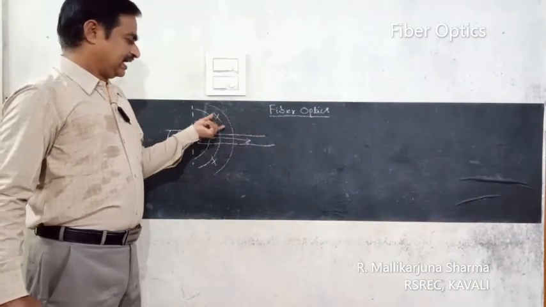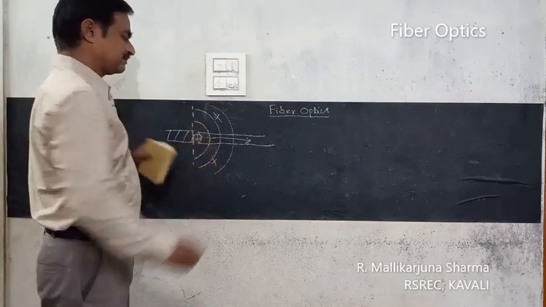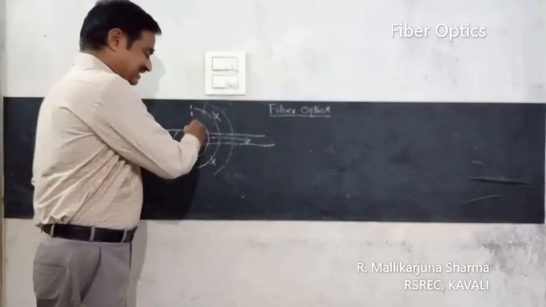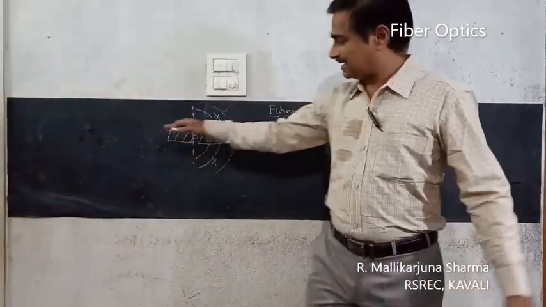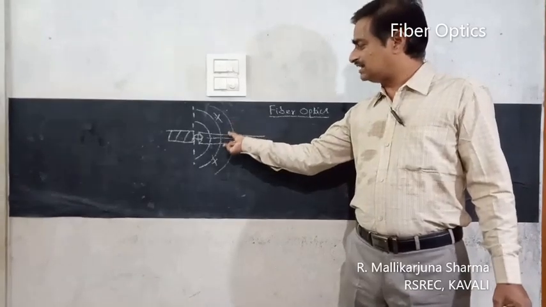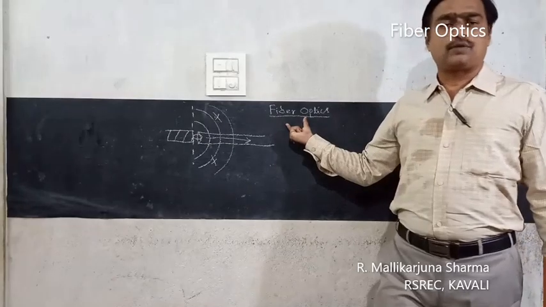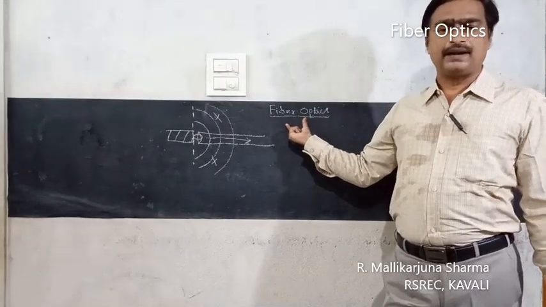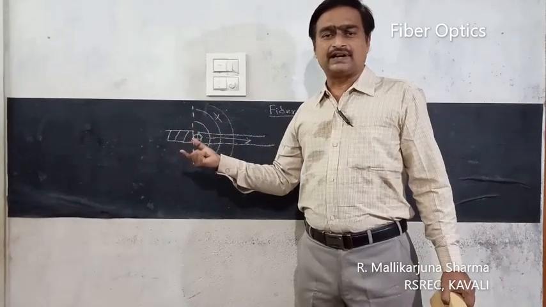The purpose of this tube-like structure is to guide these light rays through a particular path. This type of work is done by our fiber optic material or optical fiber material, and this is how we give a meaning to it.